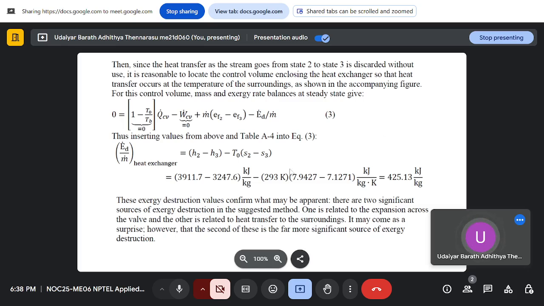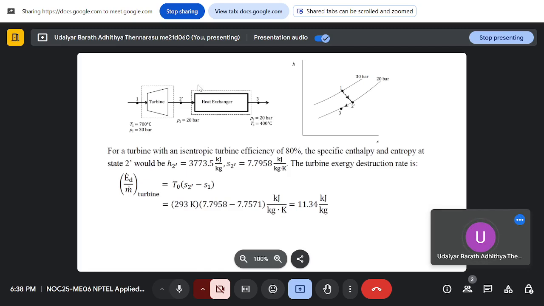And if you see, in the previous case it was at 425.13 kilojoule per kg. This is because my inlet to the heat exchanger, when the valve was considered, was at higher temperature compared to a turbine here.